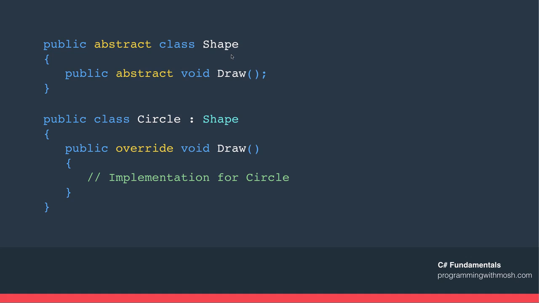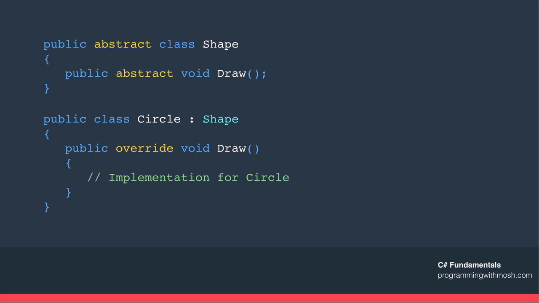So here, the shape class is declared as abstract. With this declaration, we are telling that the shape class is missing implementation and that implementation needs to be provided by its derived classes. In a derived class like circle, it simply overrides the abstract methods in the base class. So abstract methods are inherently virtual and can provide polymorphic behavior, as you have seen earlier in this section.